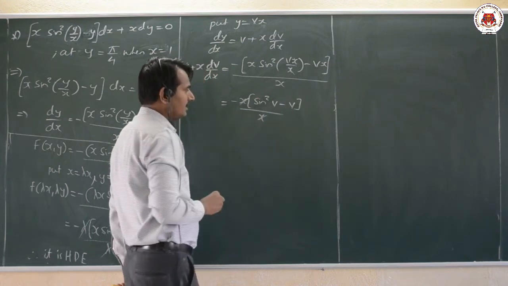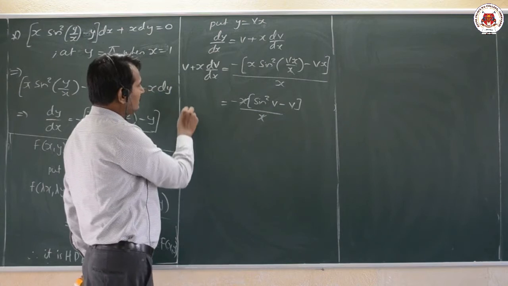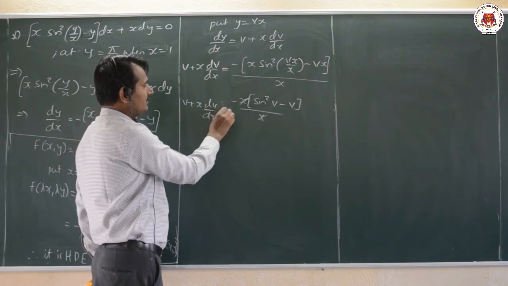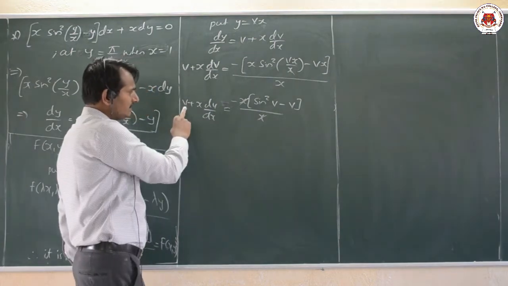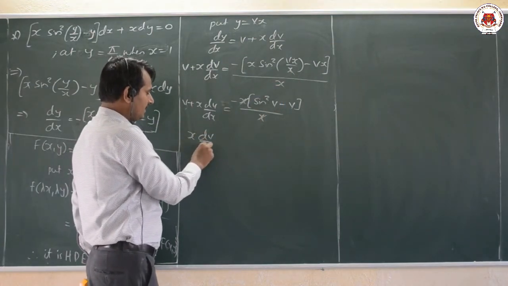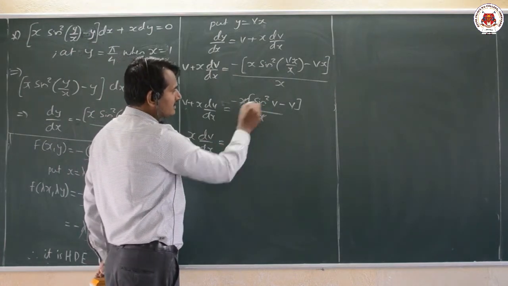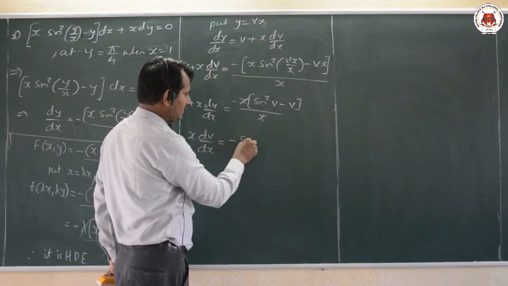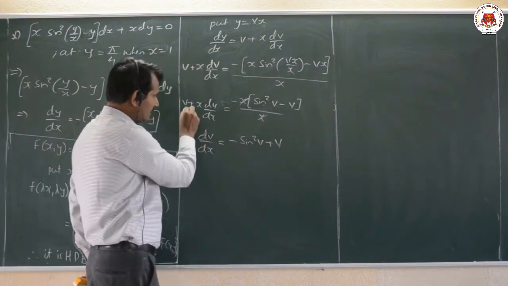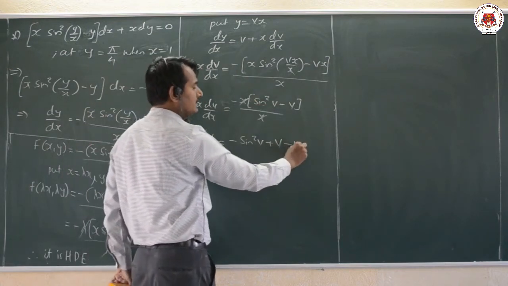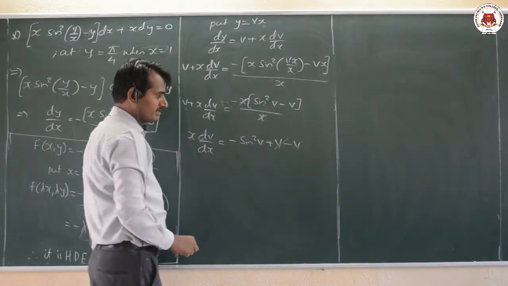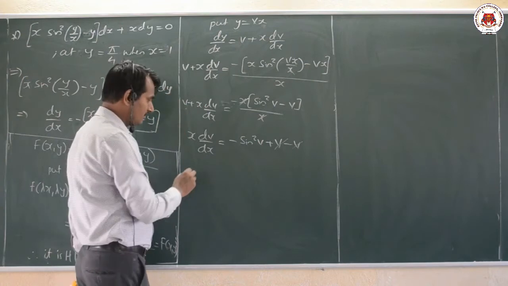Here x gets eliminated. Now we have v plus x into dv by dx, and I will take this v to the RHS, that is x into dv by dx. Taking minus common outside, that is minus sine square v, minus into minus plus v, and plus v becomes minus v. Now plus v minus v gets eliminated, and the remaining part is minus sine square v.